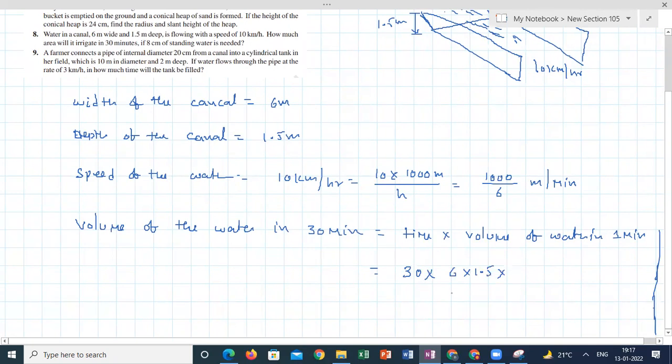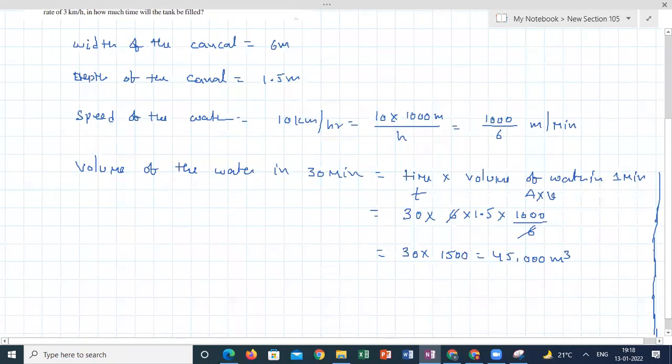This is important: A into V, area into velocity, and this is the time. So the velocity is 1000 by 6 meter per minute. So 6 cancels, and this will be 30 into 1500, which gives 45,000 meter cube. 45,000 meter cube of water is flown in 30 minutes.